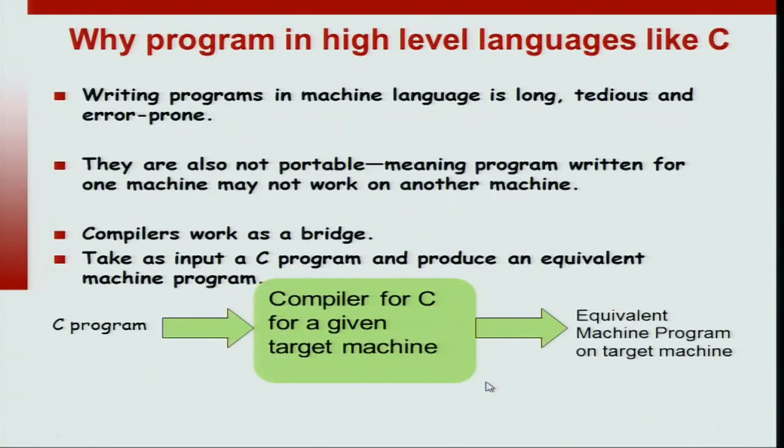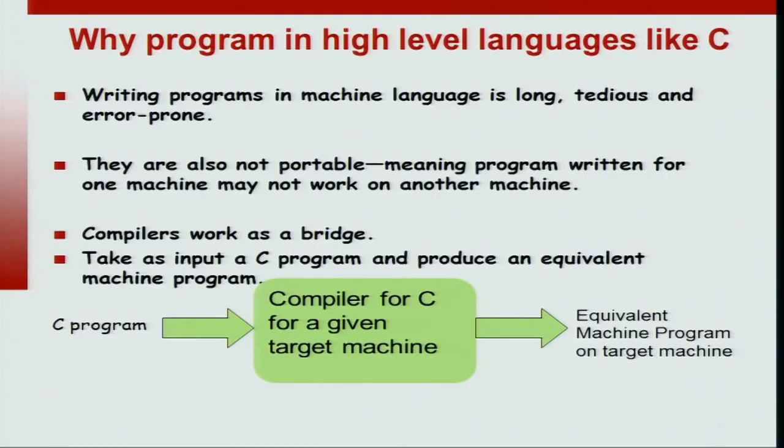Okay. So why not program in the microprocessor language or in assembly language? Writing programs in machine language is very tedious. One line in a higher level programming language like C translates into multiple lines of machine language.